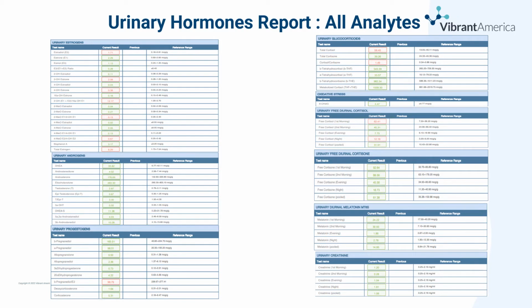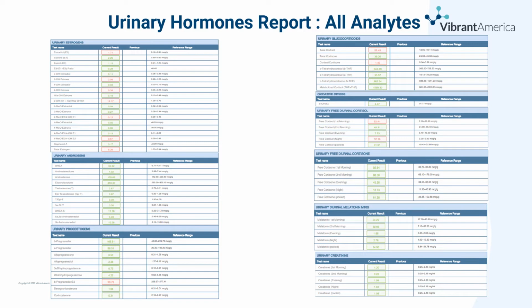As you go through the report, each section is reported in the order shown, starting with estrogen on the upper left. Here in the urinary estrogen section, you see the three main estrogens, estrone, estradiol, and estriol, and the metabolites of estrone and estradiol.